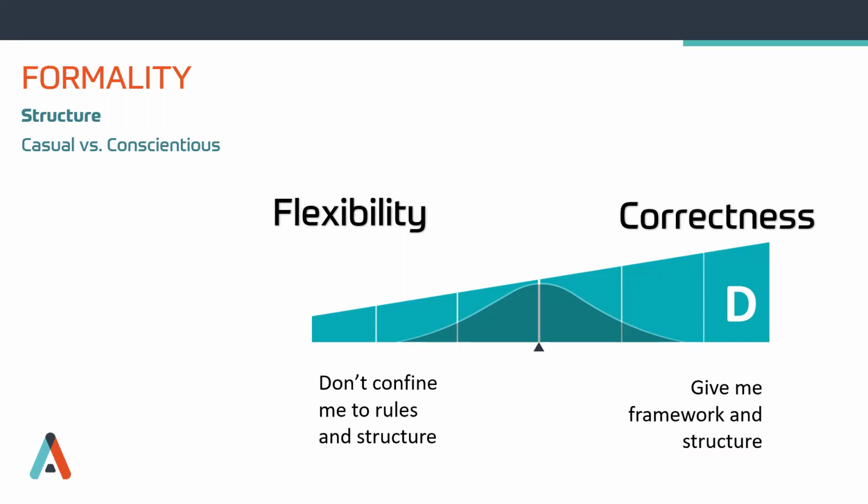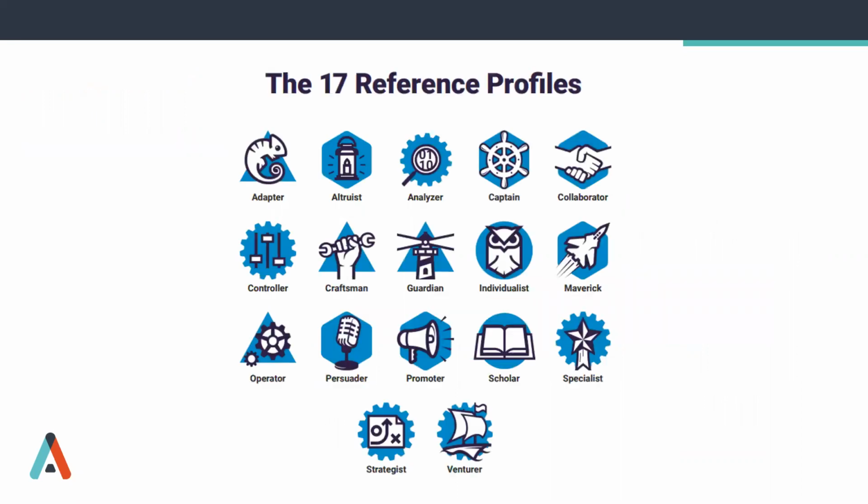And there's one kind of final piece of new information to bring your attention to as we look at a person's whole profile, be it ourselves or other folks that we're working with. And that's the idea that we all have a reference profile that's assigned to us. There are 17 reference profiles in total. And we can think of these reference profiles as neighborhoods.